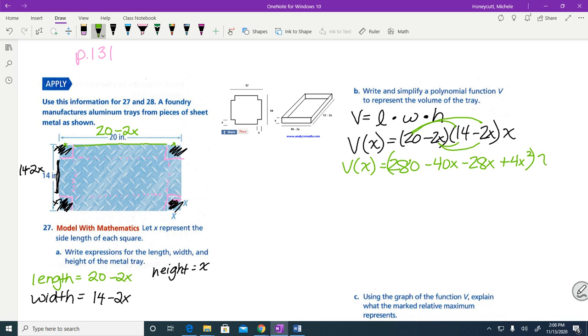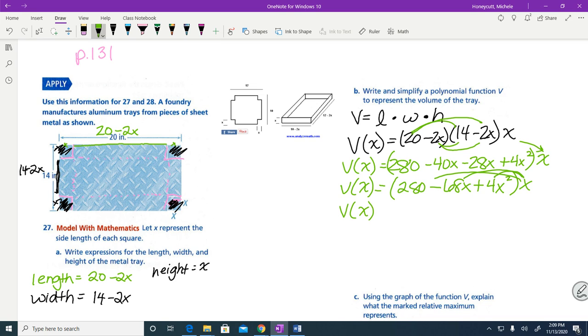Then that is still going to get multiplied by the x. But I'm going to combine like terms first. So 280 minus, let's see, 40 plus 28, minus 68x plus 4x squared. Then bring down the x, but the x does need to get distributed to all three parts.